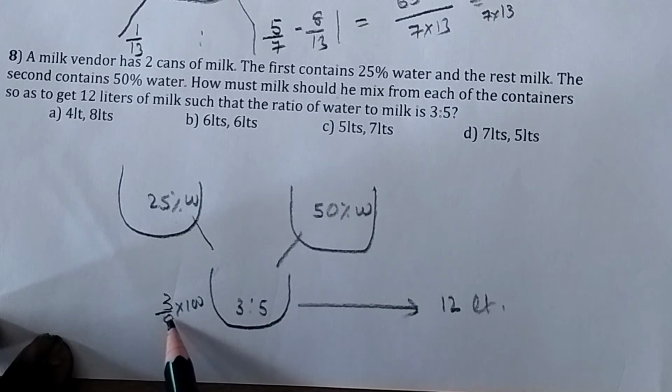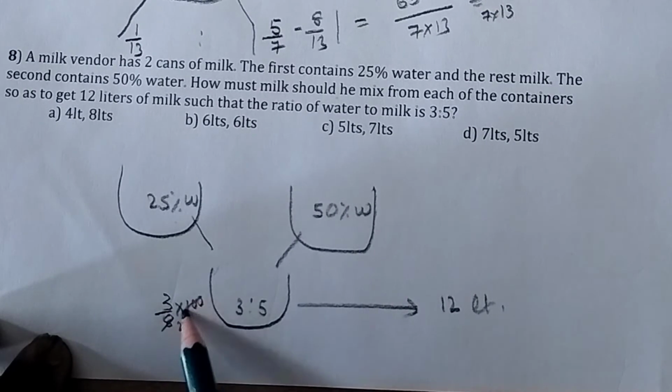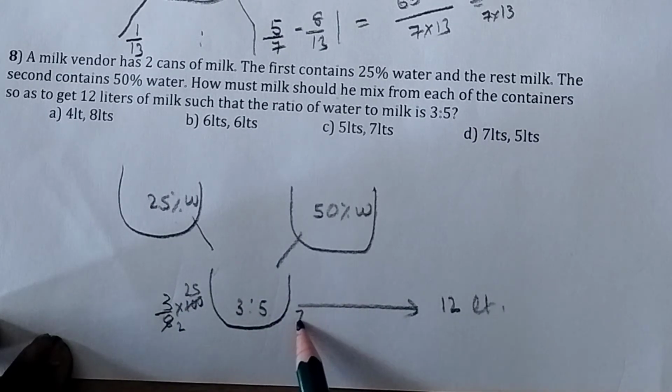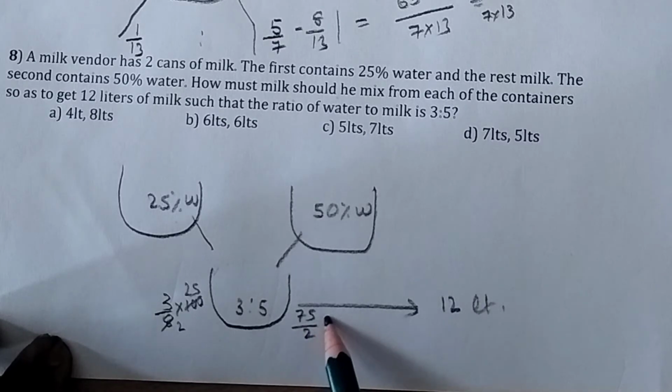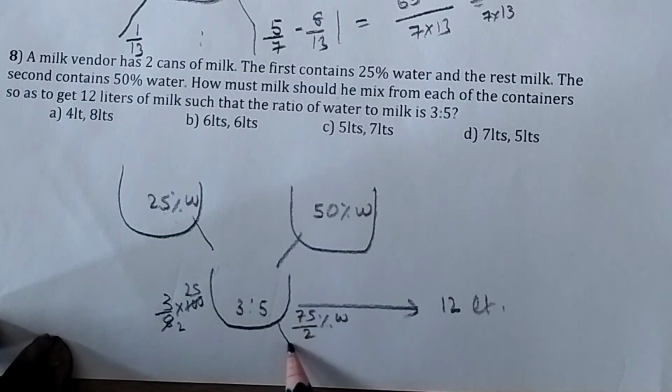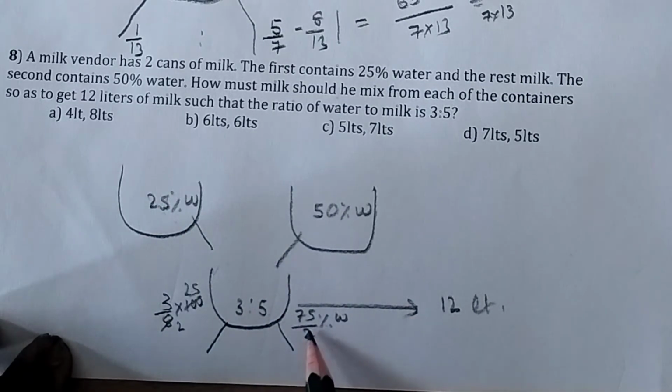Now this 2 times will cancel, 25. Now 75 by 2 is the percentage of water in this third one. So percentages are available, it is enough to find the ratio. The difference between these two is 75 by 2 minus 25.